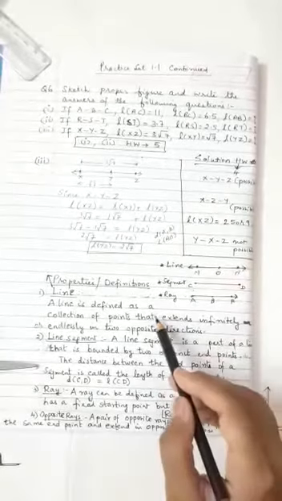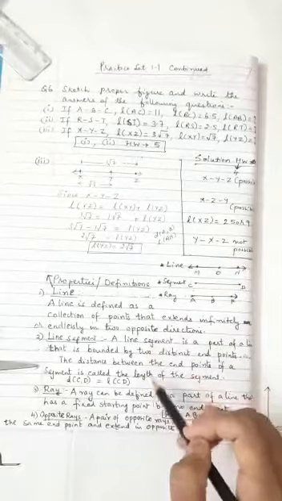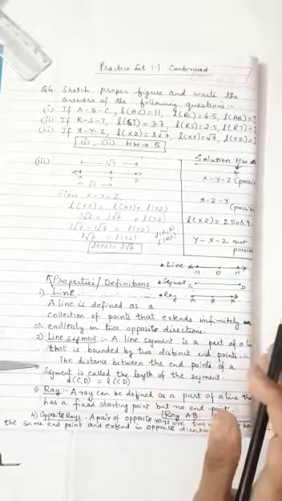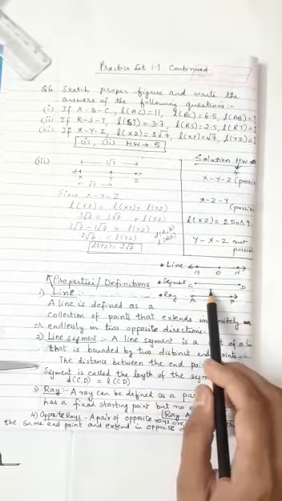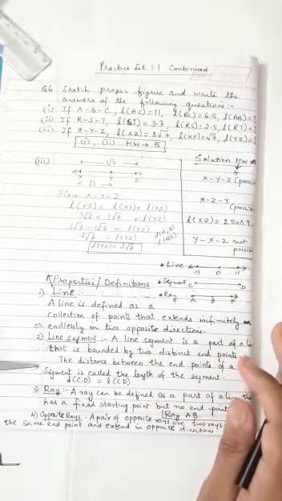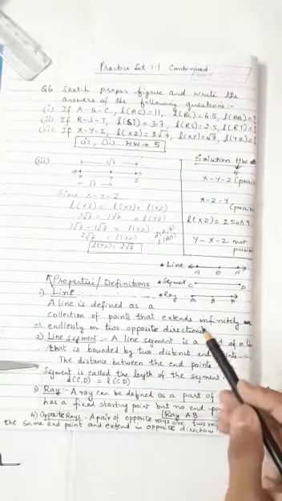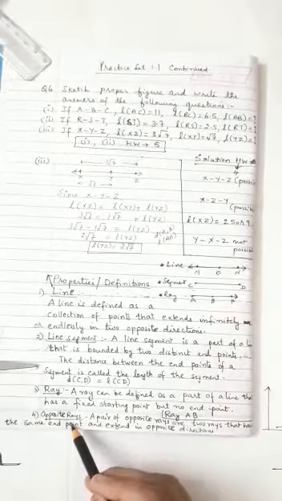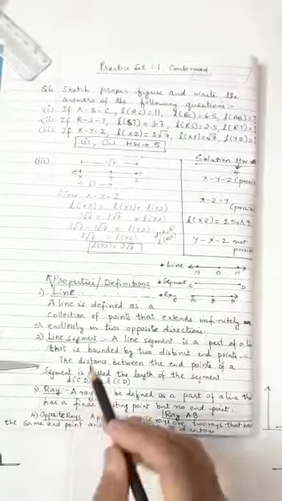So children, what is written here, we have defined line in terms of a simple definition. We have also made use of the union property of the points, correct? And we have also made use of opposite rays, how opposite rays give rise to a line.